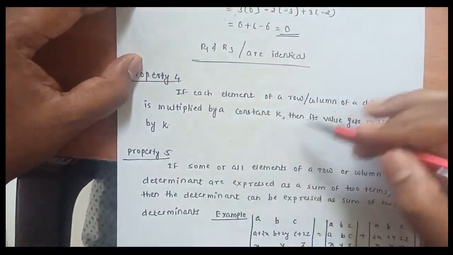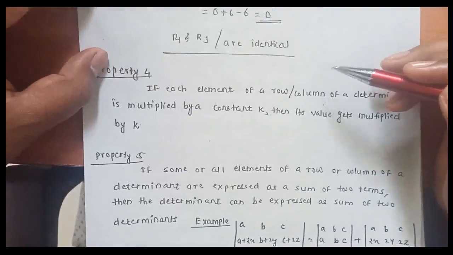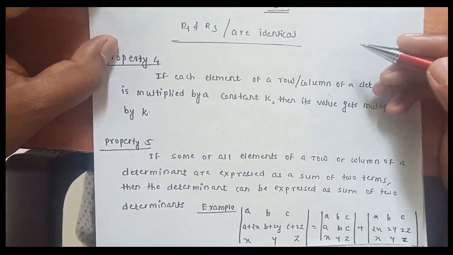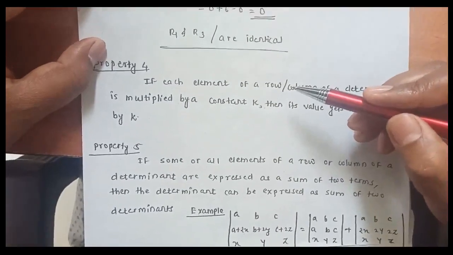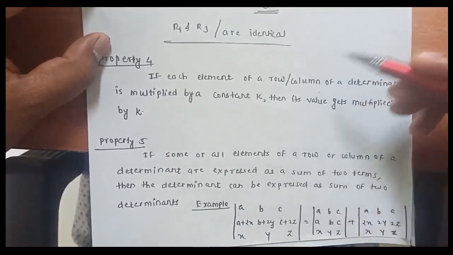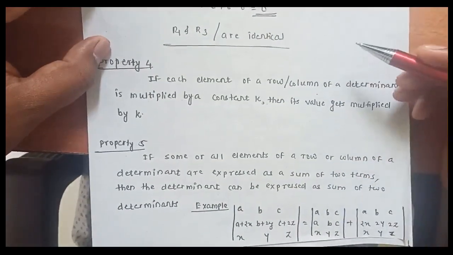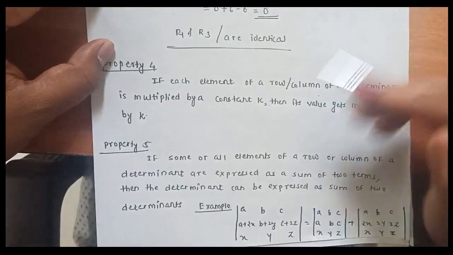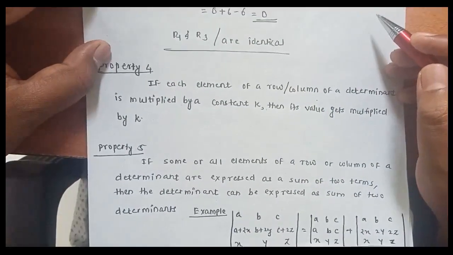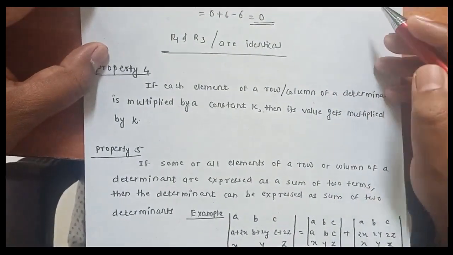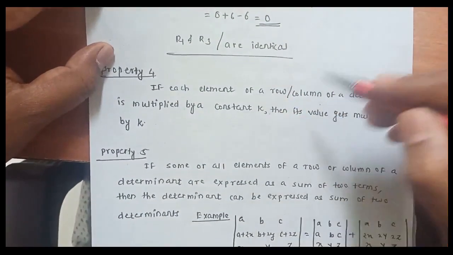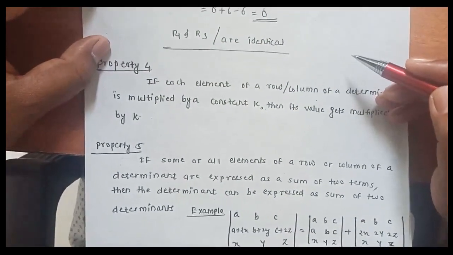Next is property 4. If you expand a determinant and suppose your answer is x, for example, and then you multiply any constant number, suppose k, to every element of a row or a column, then the answer of the determinant also gets multiplied by k.